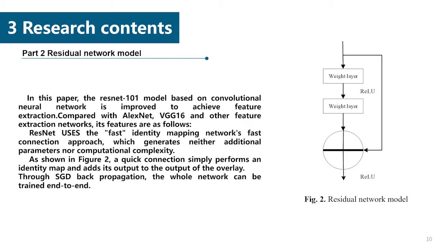ResNet uses the fast identity mapping network, the shortcut connection approach, which generates neither additional parameters nor computational complexity. As shown in Figure 2, a shortcut connection simply performs an identity map and adds its output to the output of the stacked layers. Through SGD backpropagation, the whole network can be trained end-to-end.